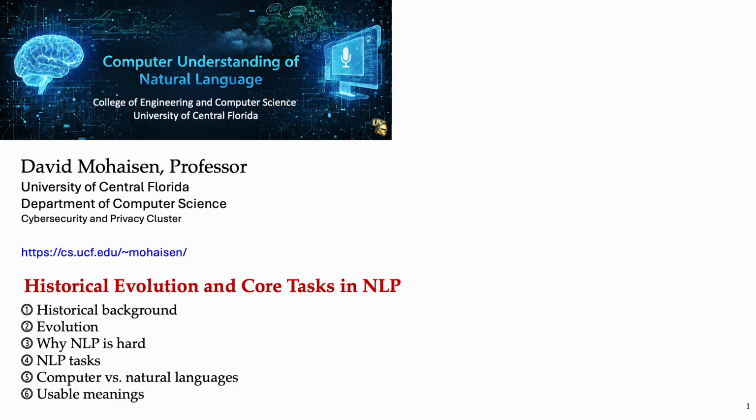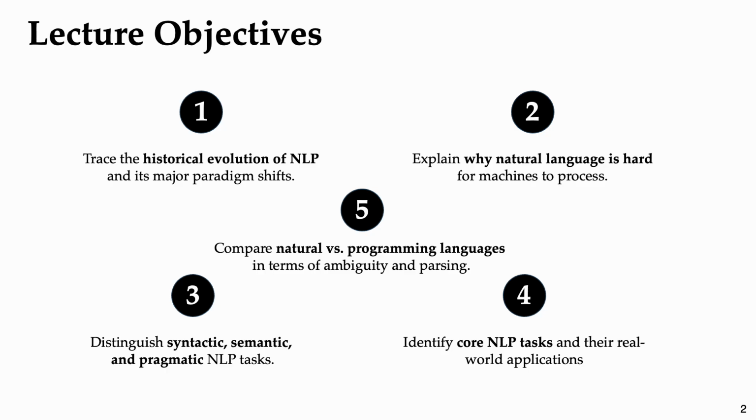Here are the objectives of this lecture. We will start with tracing the historical evolution of natural language processing and the major paradigm shift that has happened there, from symbolic and statistical analysis all the way to deep learning based approaches.